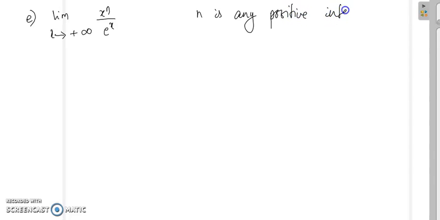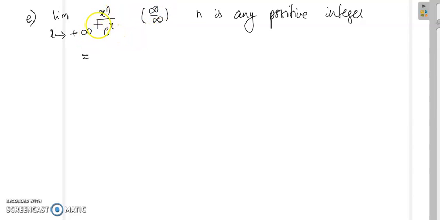Now let us look at limit x tends to plus infinity x raised to n by e raised to x, where n is any positive integer. When n is any positive integer, this is an infinity by infinity form.